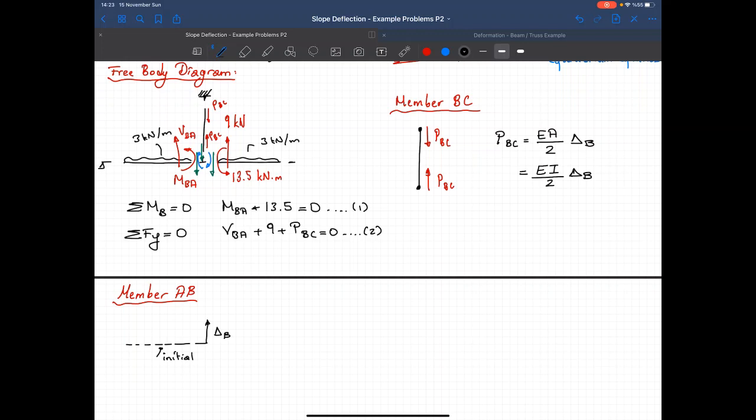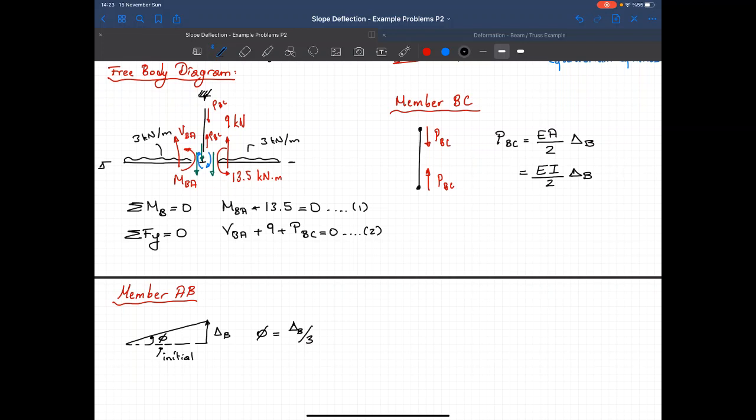That's delta B. That's the chord rotation, the phi angle. And the phi angle is in the counterclockwise direction, so it's positive, and that's equal to delta B divided by 3.